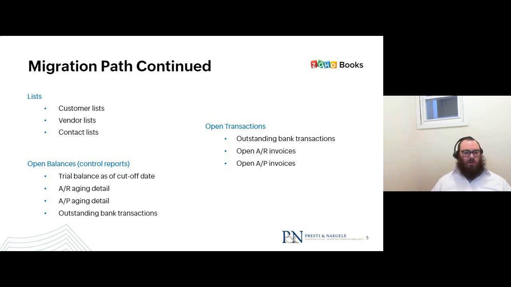Now, the one thing I want to focus on with the open balance aspect is that Zoho Books has a beautiful open balance module where you can enter in your open balances, and I'll show you where that is in a second. And you can have your open balances there and be able to start moving forward, select a migration date, and you're good to go.